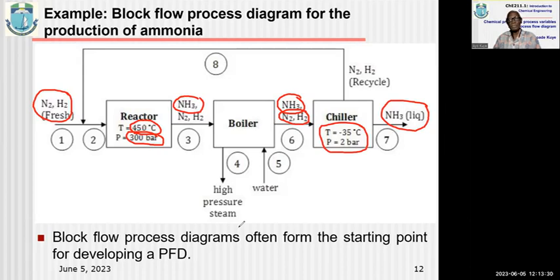So you can see from this simple example, it just gives us the overview, gives us a feel. But it didn't specify what type of reactor you're going to use, what type of boiler you're going to use, what type of chiller you're going to use.